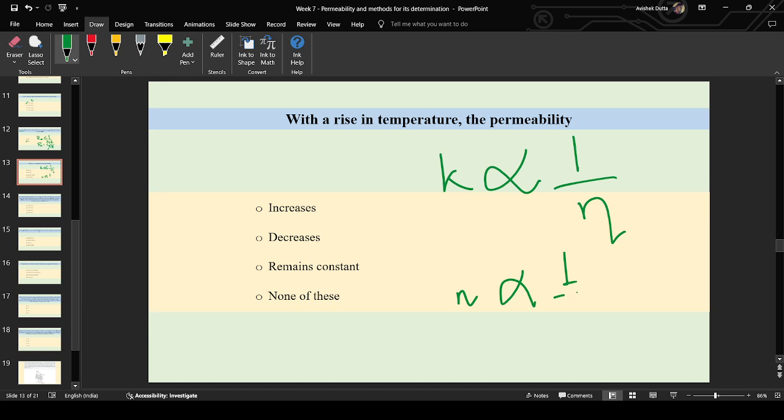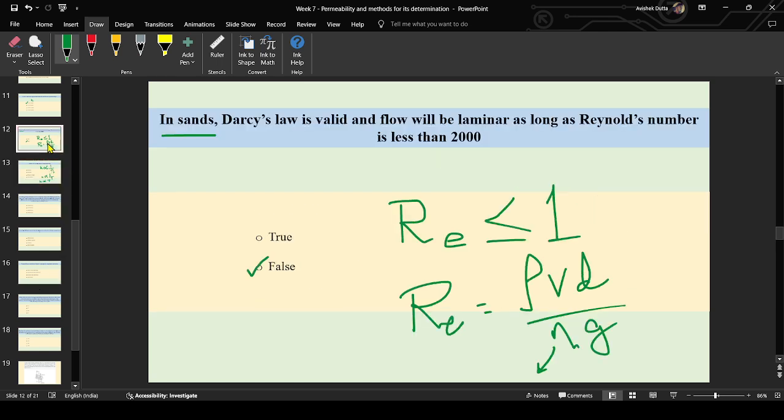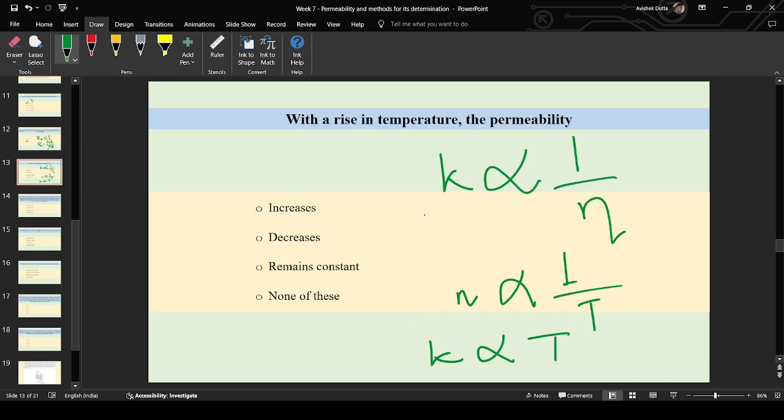With rising temperature, viscosity decreases, and when viscosity decreases, K increases. So with the rise in temperature, the permeability increases. Correct answer.